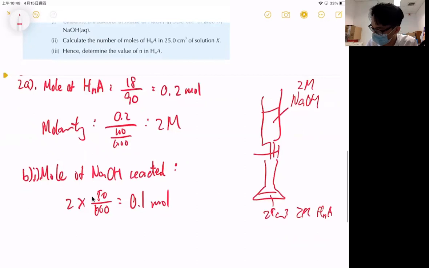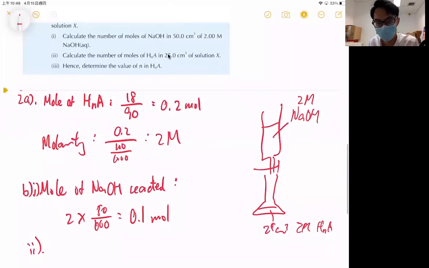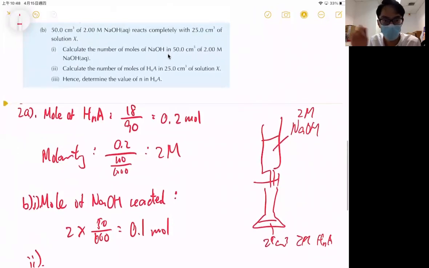So afterwards, we calculate number 2, the number of moles of the HnA in 25 cm cube, right? So how can we calculate it? Think for 5 seconds, maybe. Now we have the volume and we have the molarity, and you are asked to calculate the number of moles. It's very simple, right?